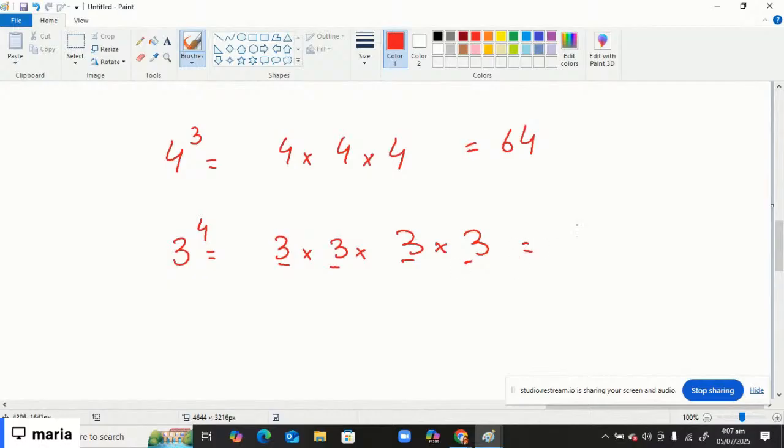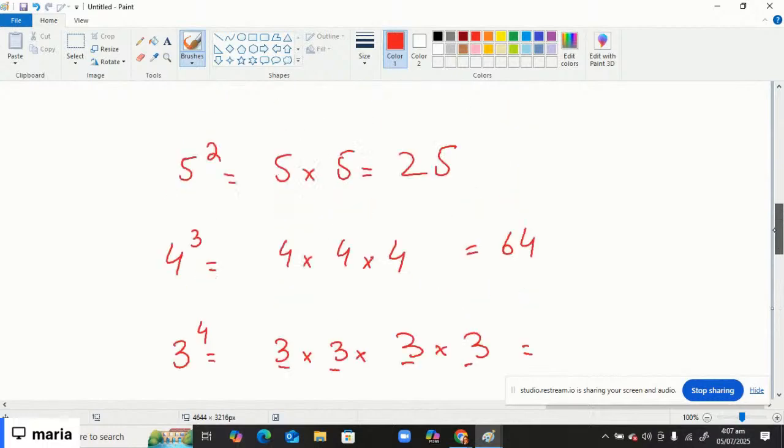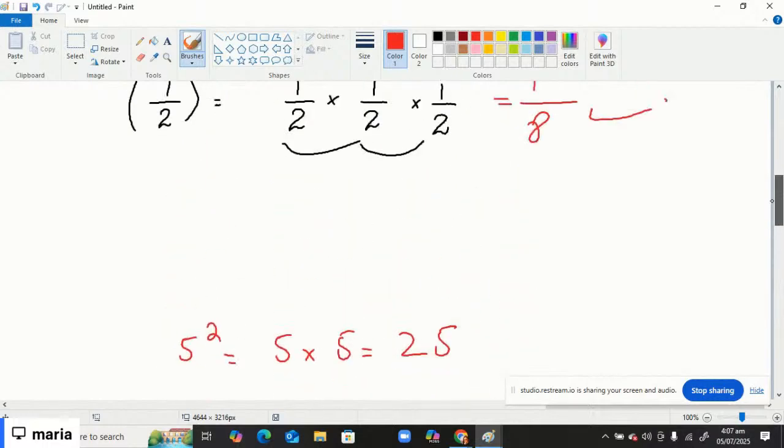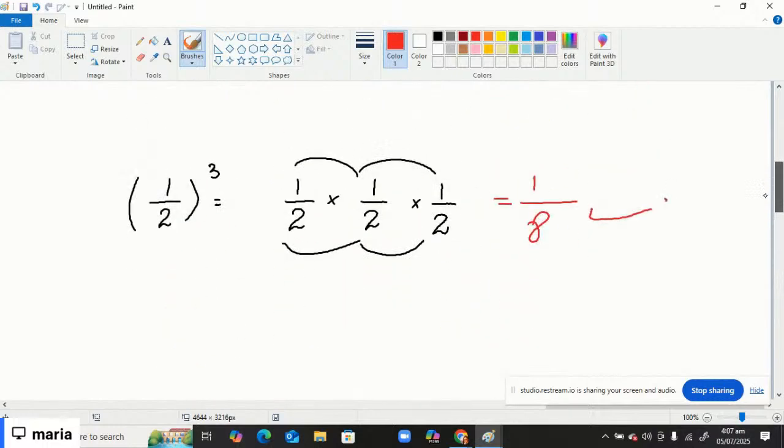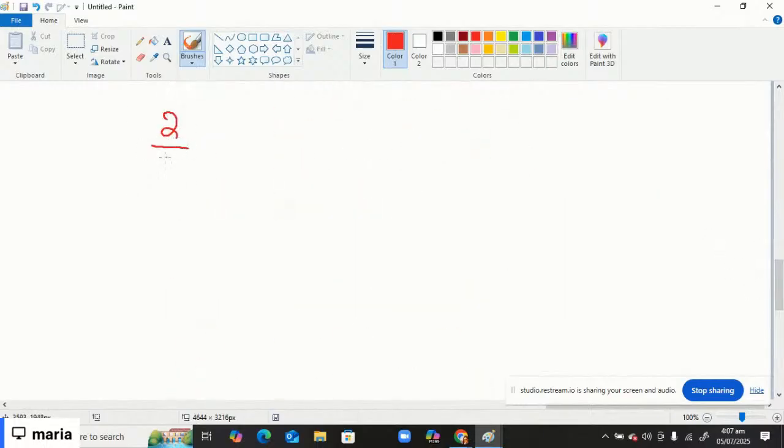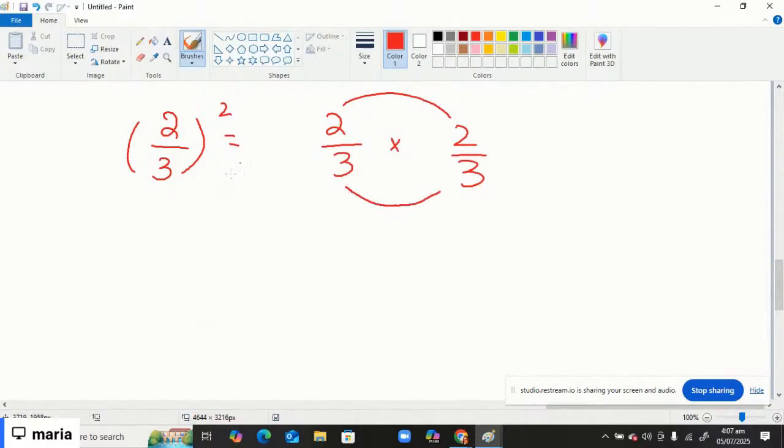It's the same in the form of decimal points or fractional points. Let's suppose 2 by 3 power of 2. It means 2 by 3 times 2 by 3. Multiply these terms and multiply these terms. 2 times 2 is 4, 3 times 3 is 9. So this is 4 by 9.